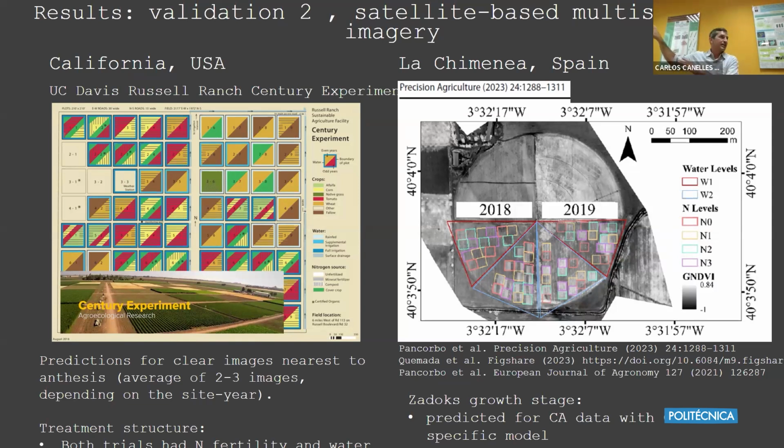So I didn't really try to predict the growth stage here using my California models, but you guys did report the growth stage in your papers. So then I was able to take those growth stages and just set the model at about 65 for anthesis, and then run the rest of the model from there. So the one piece that's different between these two is that I just entered 65 manually for your trial.